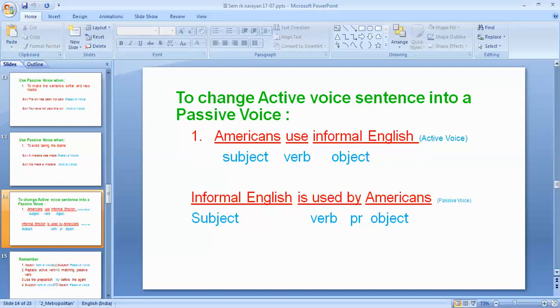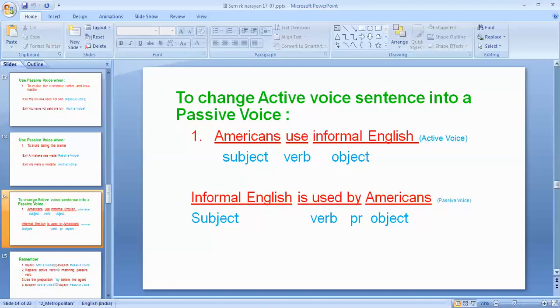So in active voice, we will have the doer of the action in the subject position, next the verb, and next the object, on which the action is done. To convert active voice into passive voice, the object of active voice becomes the subject.